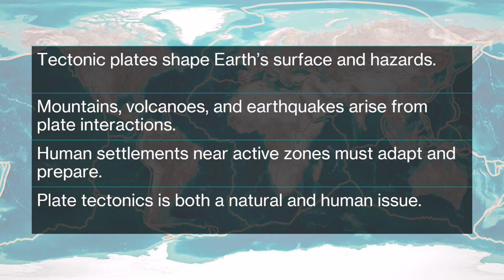More importantly, we have seen how tectonics intersects with human life. Over a billion people live in tectonically active areas, making disaster planning, infrastructure resilience, and public awareness very essential for human survival. From the peaks of the Himalayas to the quake-prone streets of Tokyo and Los Angeles, Earth's dynamic crust continues to shape not just our planet, but also our civilizations.